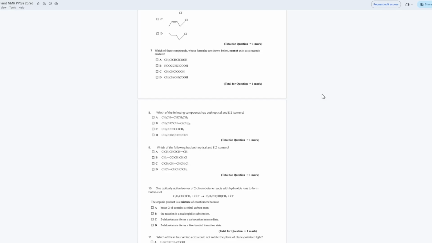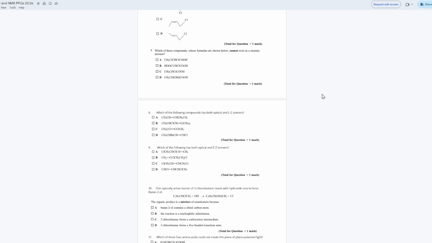D is a little strange, but it makes enough sense. B will not have EZ, so we can immediately eliminate B, I think. Then optical. Out of these three, I'm guessing only one will have optical.